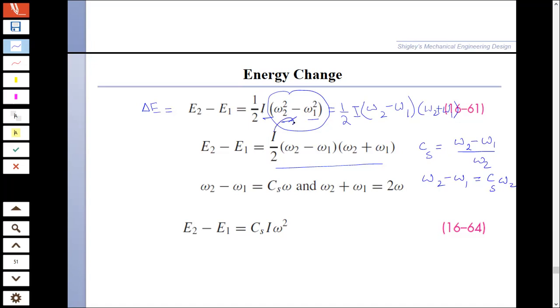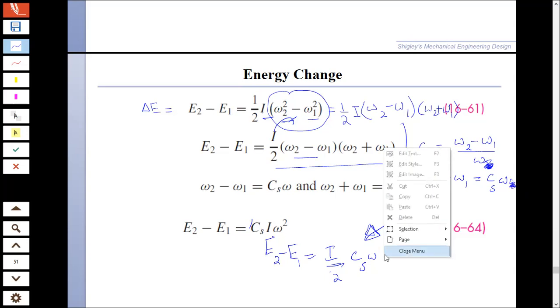So I can write this equation as E2 minus E1 equal to I over 2, and instead of omega 2 minus omega 1, I will write CS times omega, times (omega 2 plus omega 1), right?